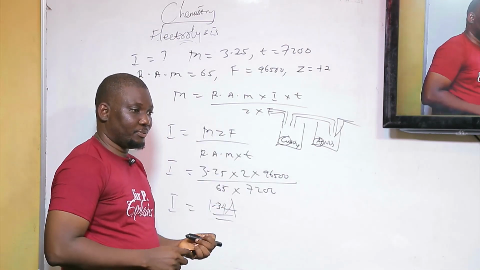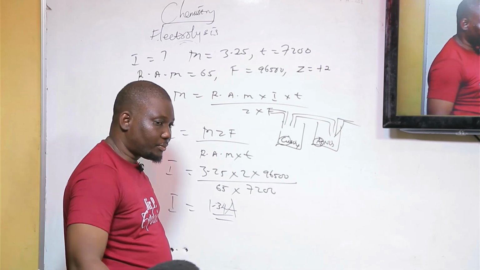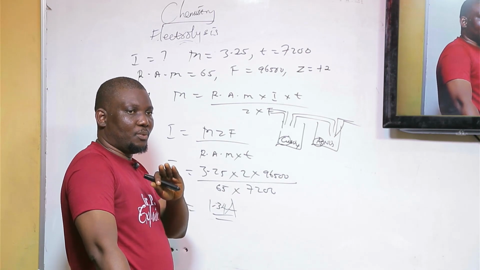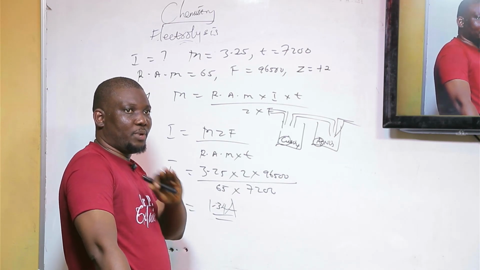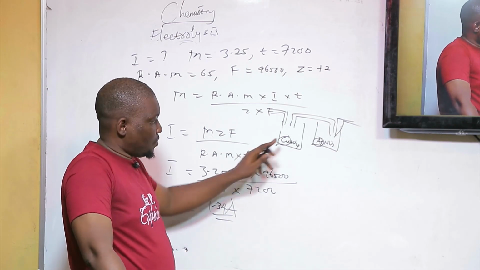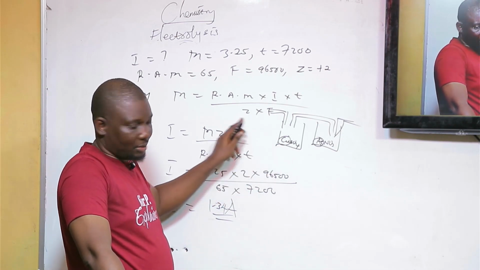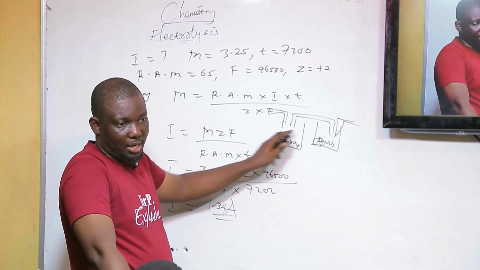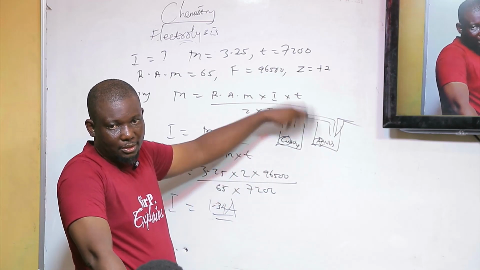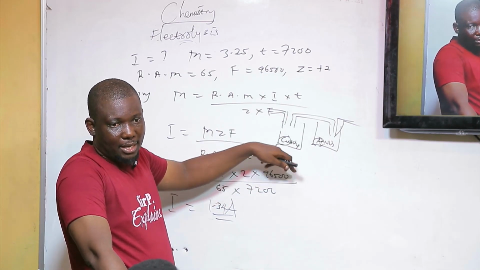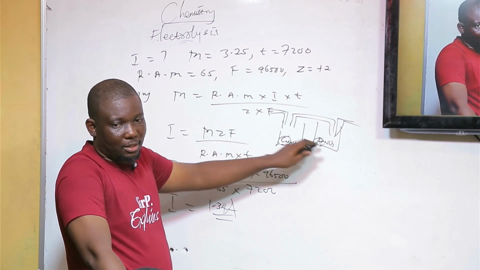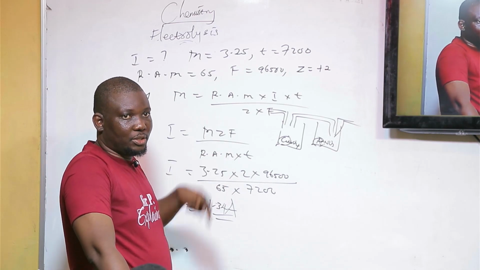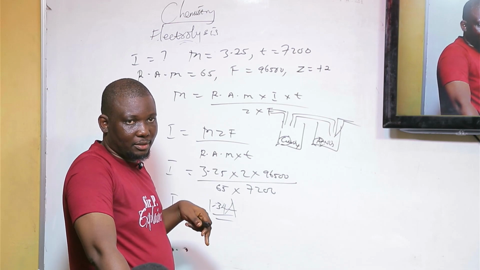Okay, the law is simple. The second law is very simple. I state it like this: when the same quantity of electricity is passed through different electrolytes that are connected in series, the mass of the elements discharged is directly proportional to their chemical equivalent.